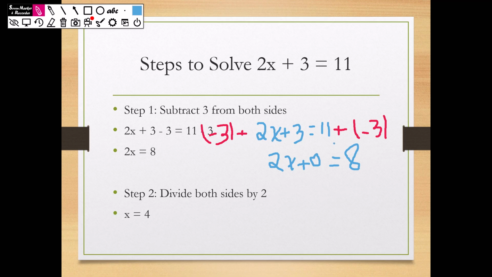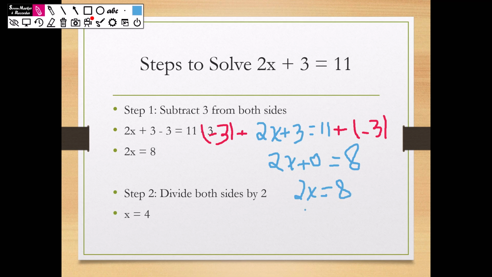Because 11 minus 3 will give us 8. And here 2x plus 0 will give us 2x, right? So we will get at the end 2x equal to 8.